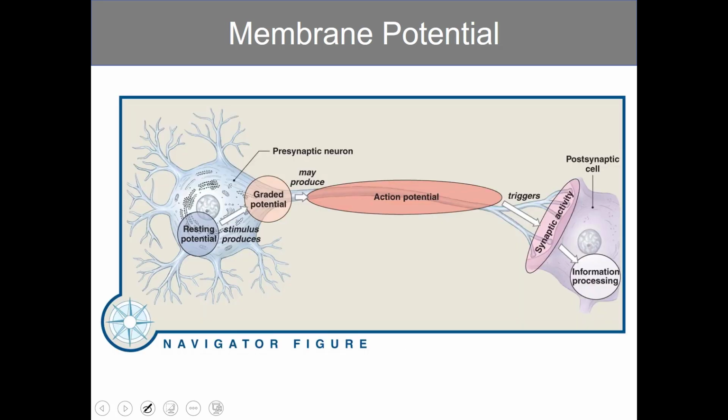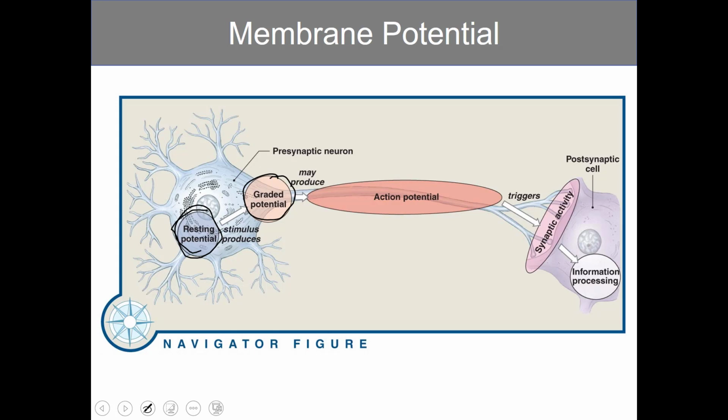Here we see just a figure of a generalized neuron. We can see the resting potential. It's sort of localized within the cell. The graded potential, which is the temporary localized change in the transmembrane potential, occurs here at the axon hillock.